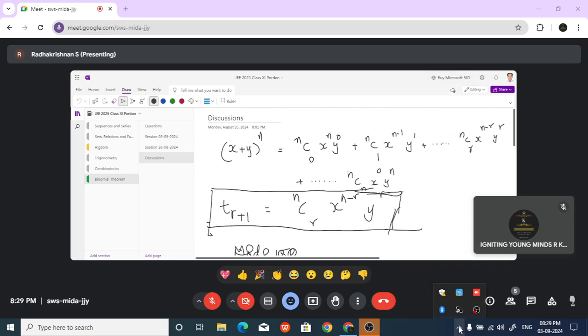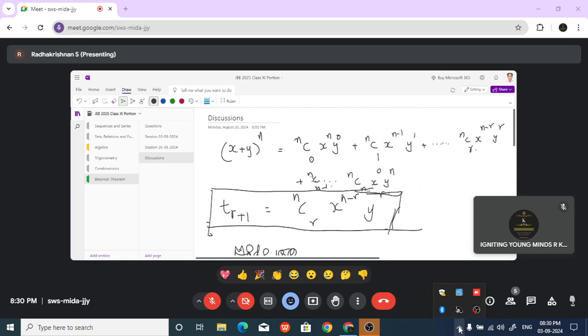In the last term, nCn into x power 0 into y power n. So what will be before this? nC(n minus 1). So r goes from 0, 1, and so on, then n minus 1 and then n. So the term before the last will be nC(n minus 1).